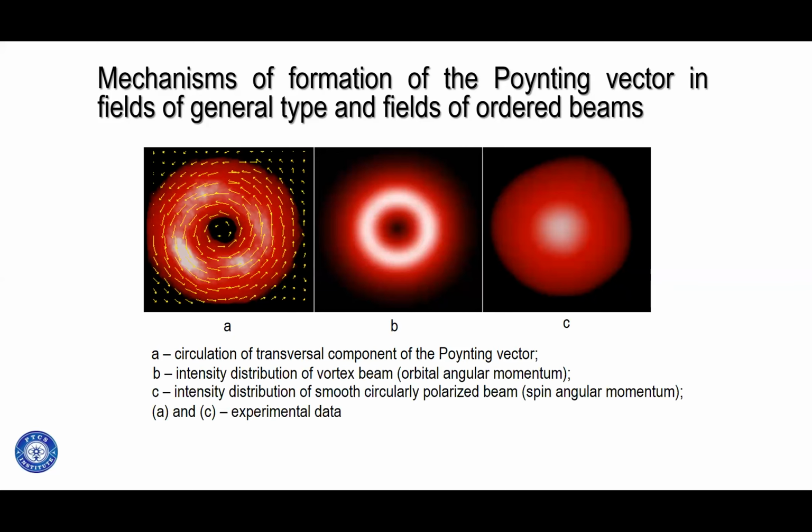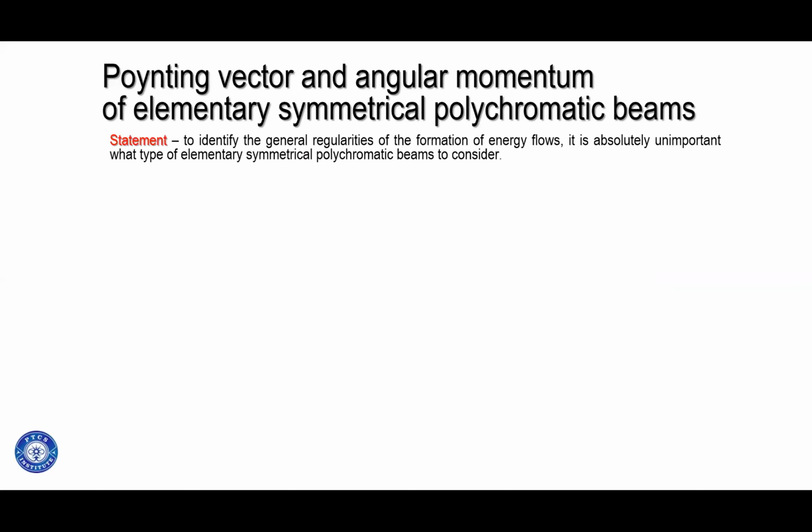At the same time, analysis of the behavior of the characteristics of the vector does not make it possible to establish what type of angular momentum, orbital or spin, such circulation is a consequence of. Due to that, the choice of a specific beam type does not matter for considering the parameters of elementary symmetrical polychromatic beams.